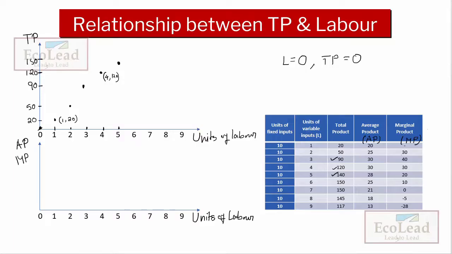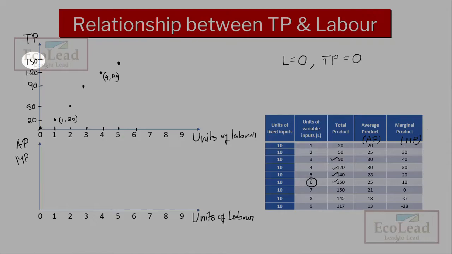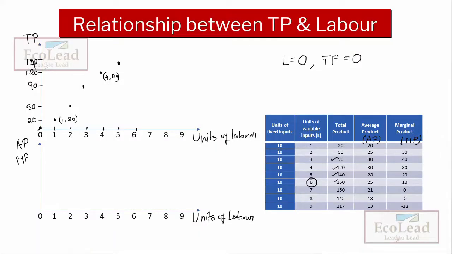Now if we engage one more unit of labor, meaning 6 units of labor, you can see that here just one mistake. For the 5th unit of labor, basically the production is 140. For the 6th unit of labor, the production is a little higher than 140, which is equal to 150.